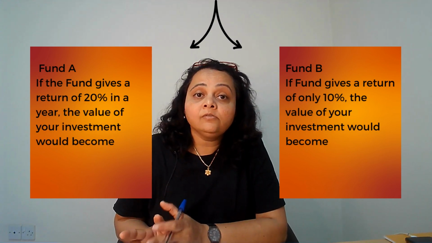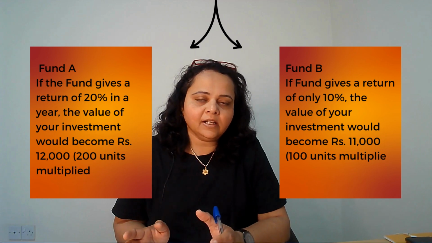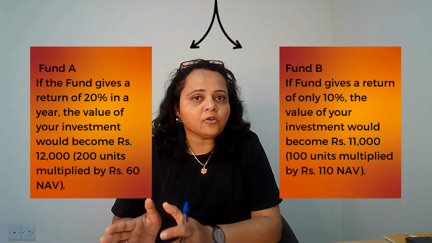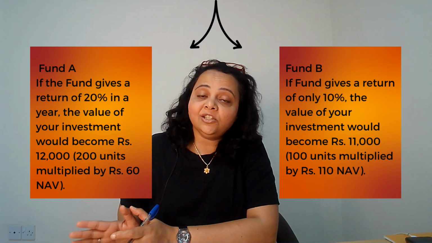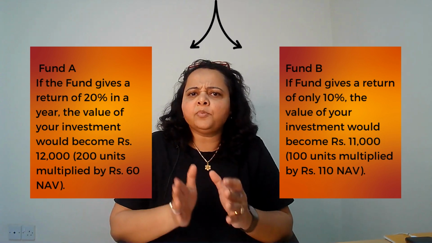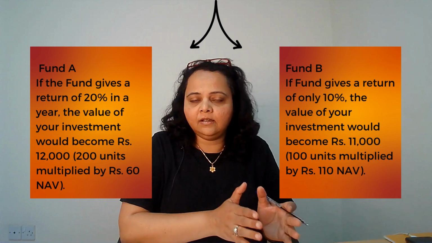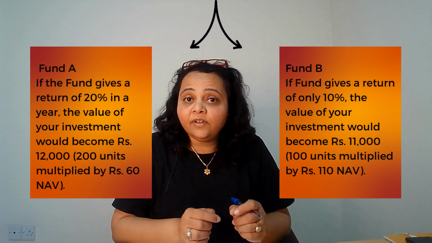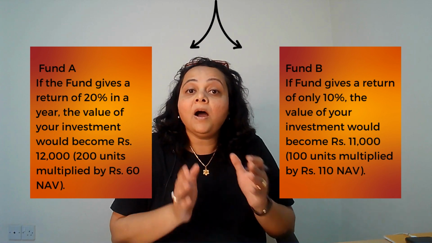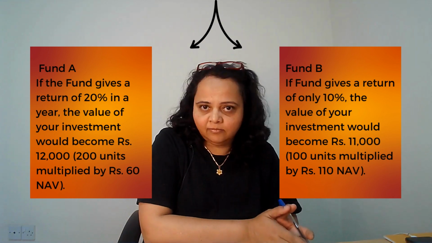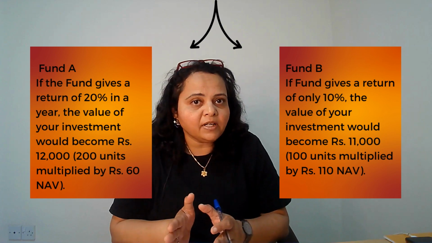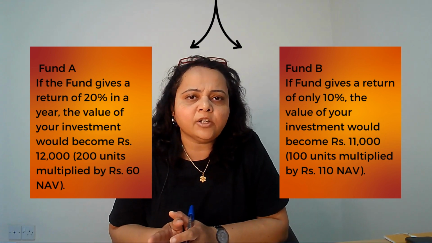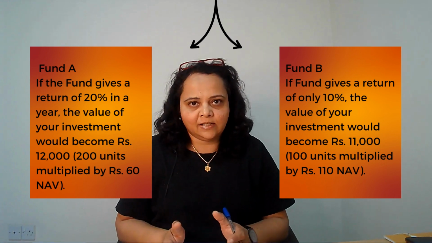Your NAV will rise to 60, correct? And the valuation of your investments will be 12,000 from 10,000 that you had initially invested. Say, suppose scheme B gives you a return of 10%. The NAV will rise from 100 to 110, and your investment value will rise to 11,000 rupees from the 10,000 rupees that you had initially invested.